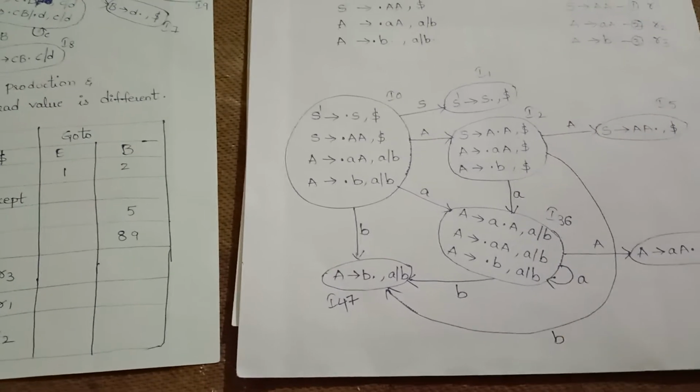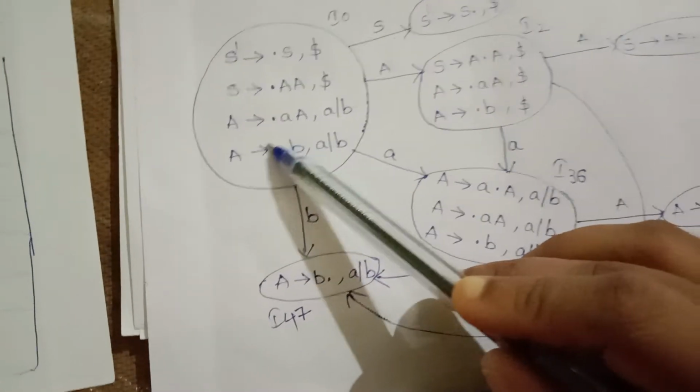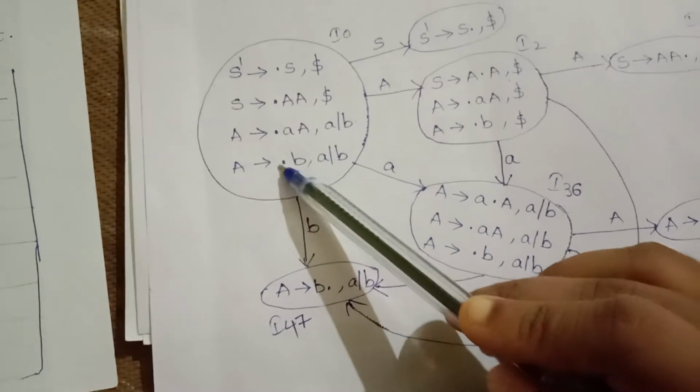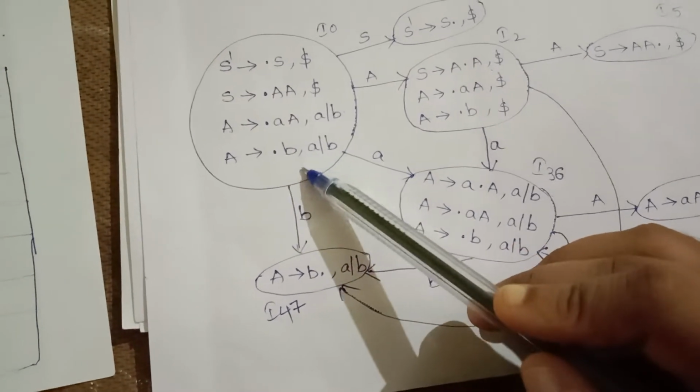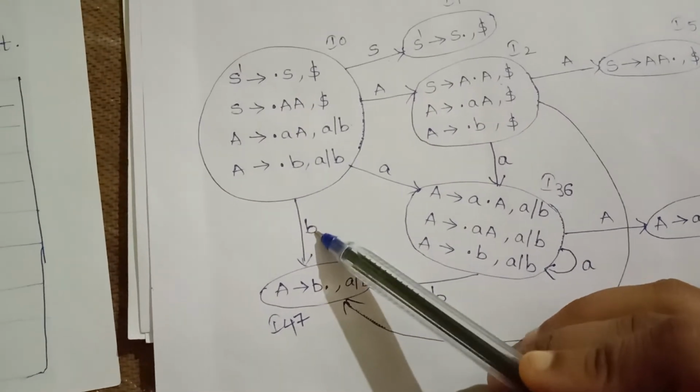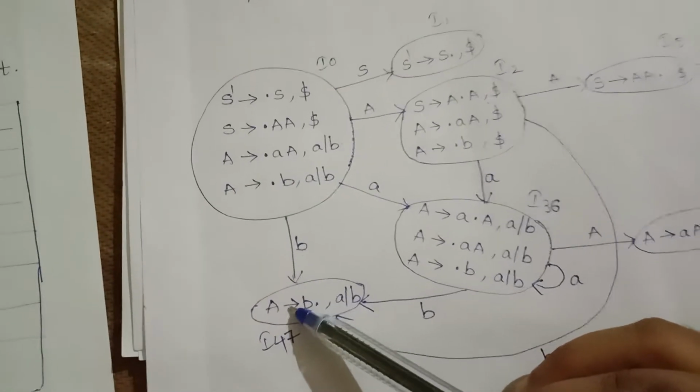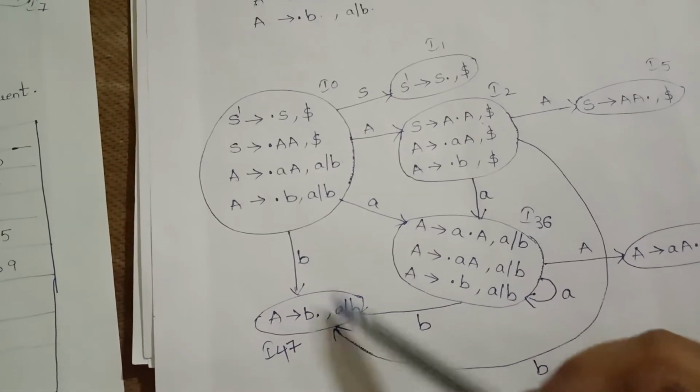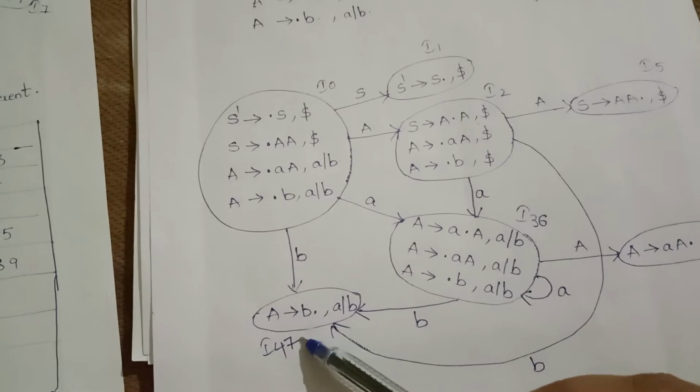And next, I0 on symbol b, it becomes A tends to b dot, with look ahead symbol a/b.